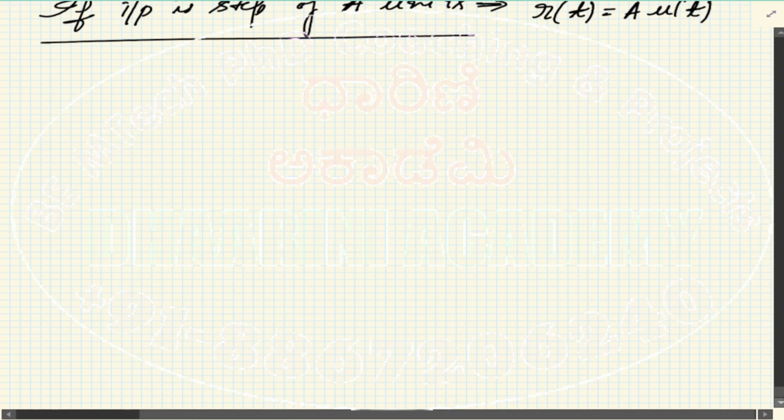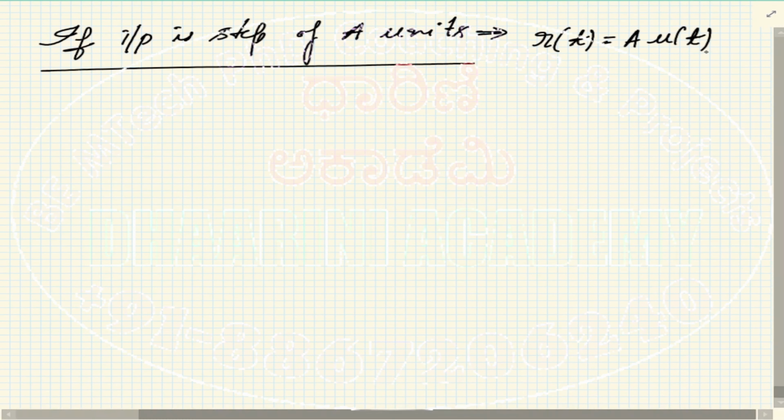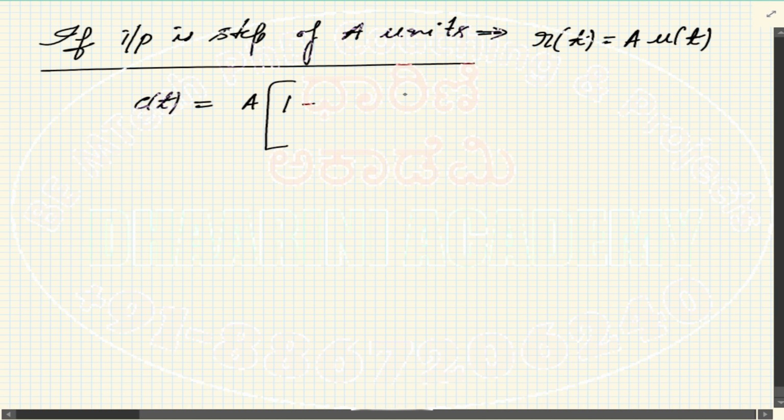Now we are trying to write the equations. So what should be the output? Output is the C of t. This is equal to capital A times 1 minus e to the minus zeta omega n into t, all divided by square root of 1 minus zeta square, times sine of omega d t plus theta.